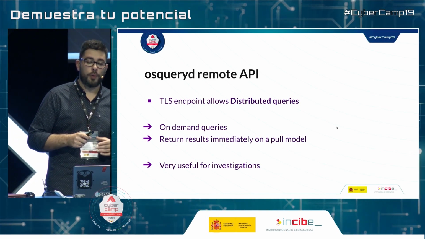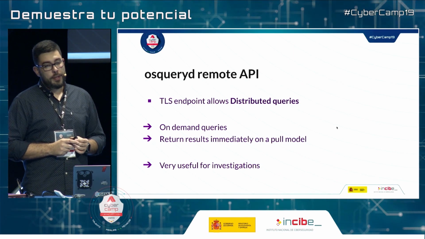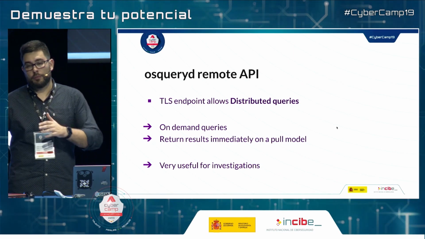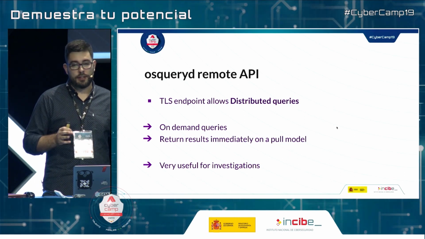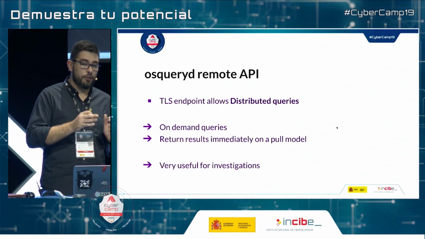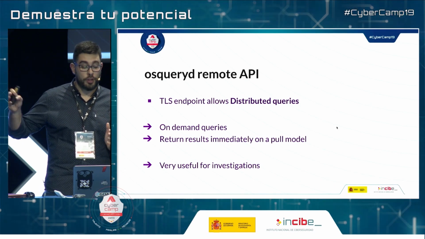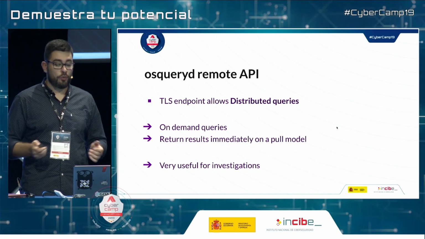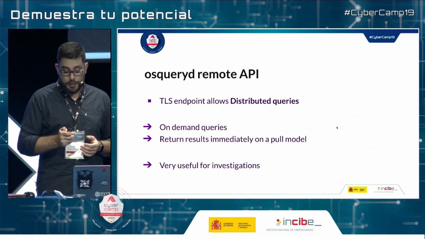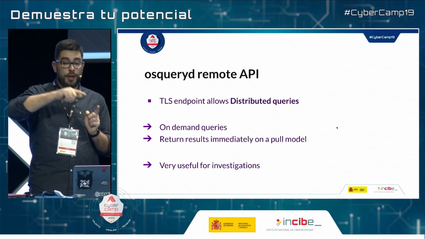So what can we get out of this? You might say, I don't want to set up osquery to cause me issues using flags and certificates and so on, so that osquery talks to a server. So what can I get out of setting up osquery with a TLS endpoint?